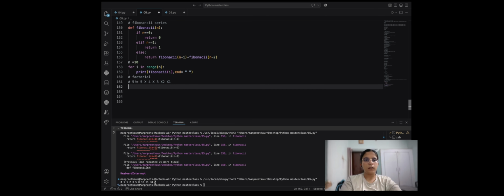This is factorial. That means you have to multiply this value till 1. Till 1. That's it.